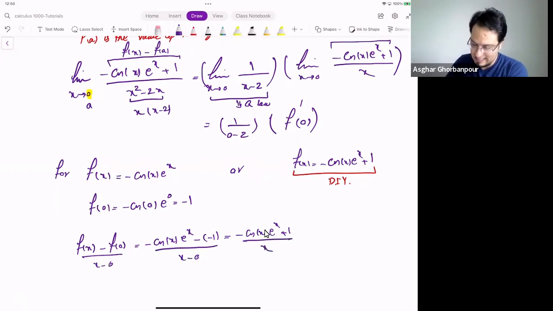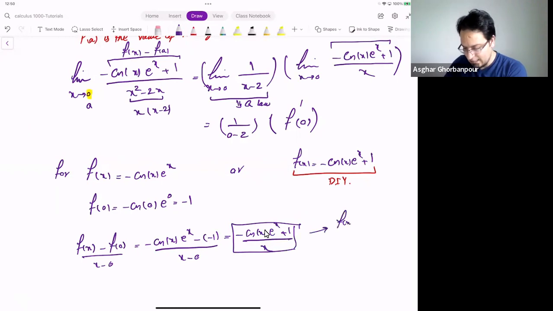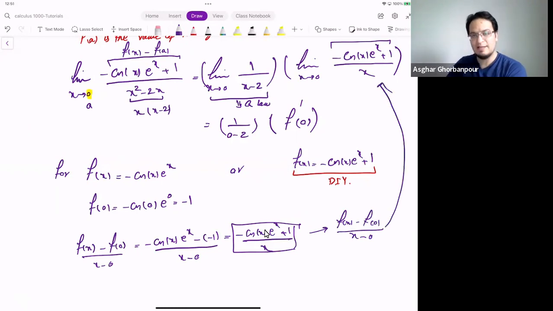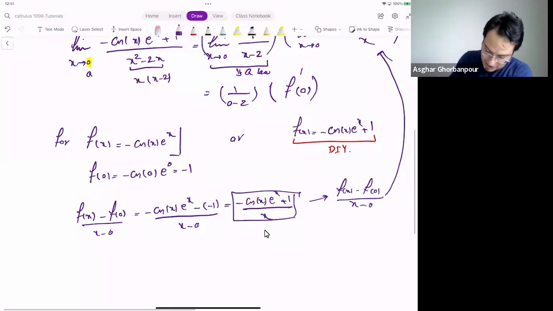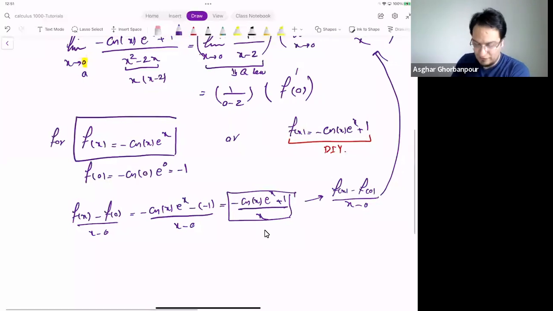This is exactly f at x minus f at 0 over x minus 0, which is what we have there. So that is our function. We confirmed that we have the limit which defines the derivative of that function.